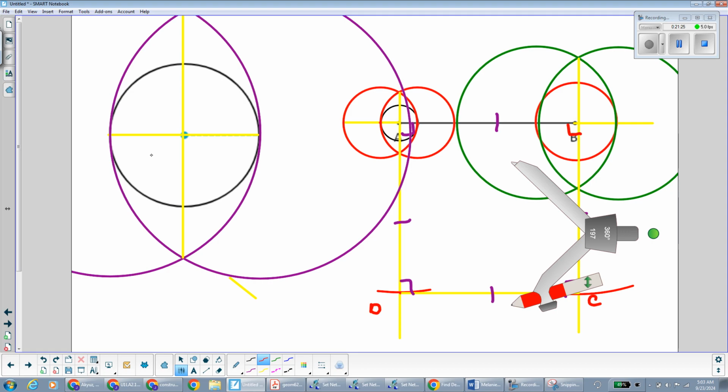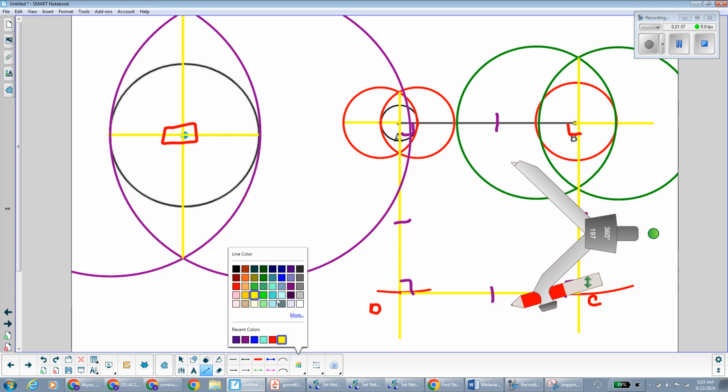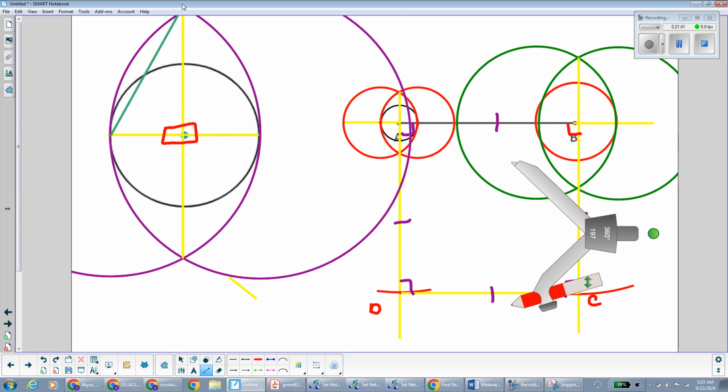Since we bisected the original segment, it's splitting it in half, and it's also forming right angles with it. You might be wondering, how do we get our square? Take your straightedge and connect the intersection points together. And there we have a square inscribed in the circle.